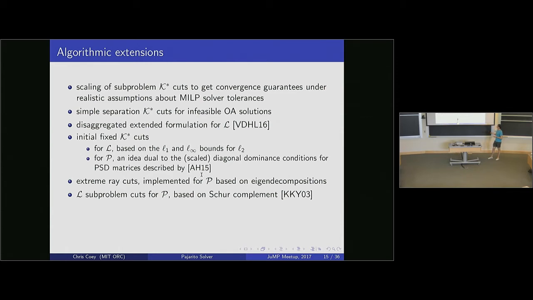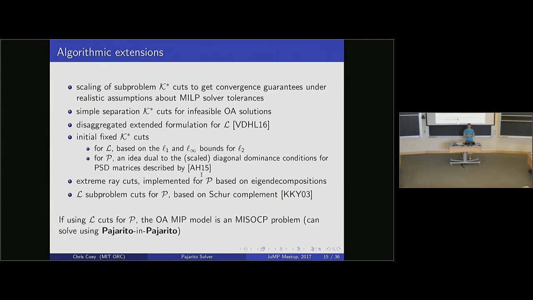And in fact, if we use second order cone cuts for the positive semidefinite cone, based on this idea of the Schur complement or based on these scaled diagonal dominance conditions, then we can actually solve a MISOCP outer approximation model, either using Pajarito or just using CPLEX or Gurobi's MISOCP functionality. And so it's not necessarily just polyhedral outer approximation. It could also be MISOCP outer approximation.